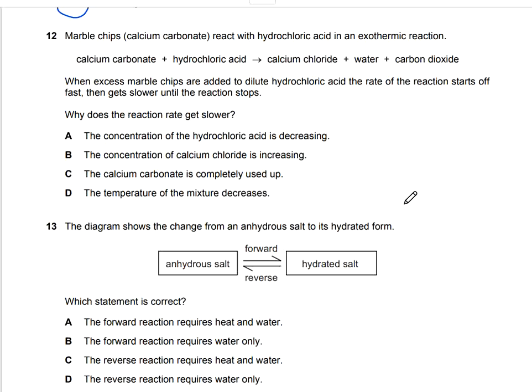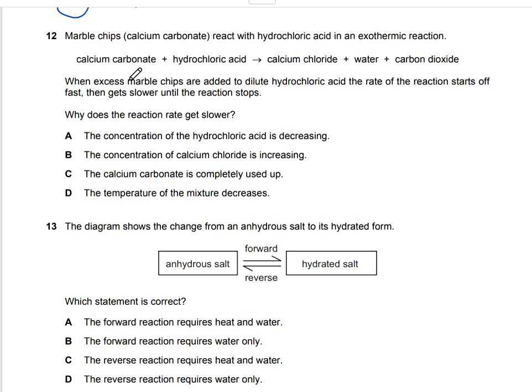Marble chips or calcium carbonate react with hydrochloric acid in an exothermic reaction. So we have the reaction here. We have calcium carbonate plus hydrochloric acid turns into calcium chloride plus water and carbon dioxide.